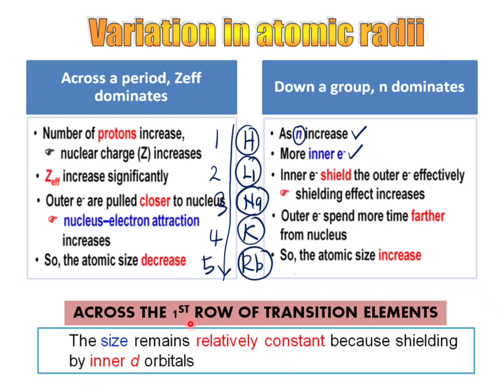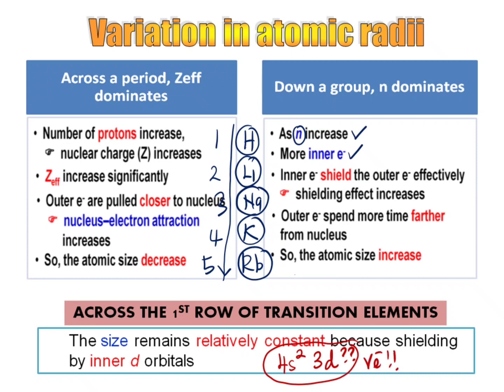So first row ni yang mana? Yang period 4. Okay, starting dengan scandium. Alright, so the size remain relatively constant because shielding by inner d orbital. Okay, if you still remember, we already learned how to identify the group, period and block in 3.1. So kalau you perasan, all the transition element dia mesti berakhir dengan 4s2 3d berapa lah, betul? So ini adalah dia punya valence electron, right?